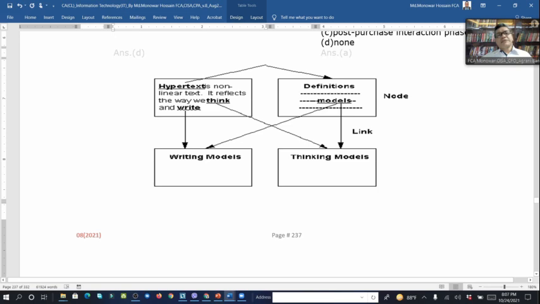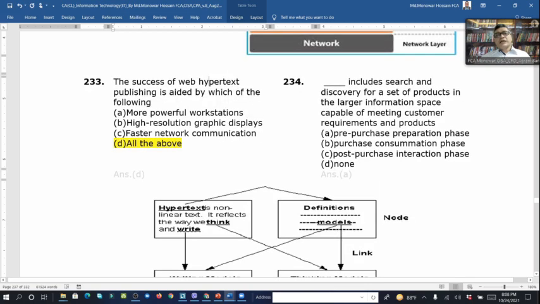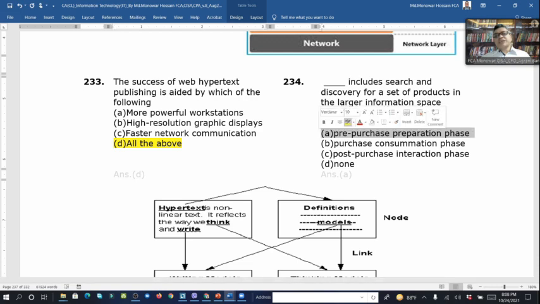Web hypertext, that means all written in the website, are using here the link node definition. Here this includes search and discovery of a set of products in the larger information scale space capable of meeting customer requirement and product. So here answer is pre-purchase preparation phase.